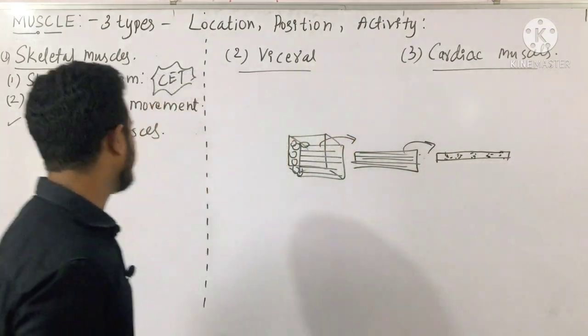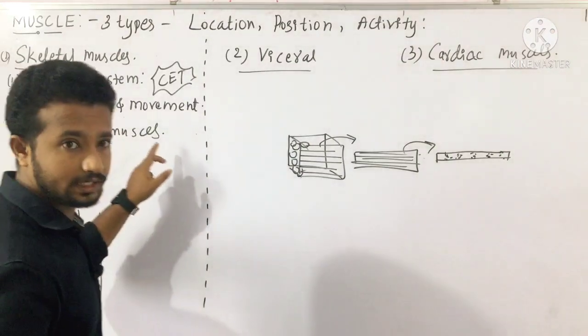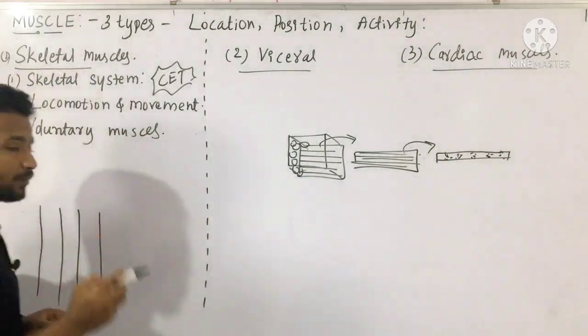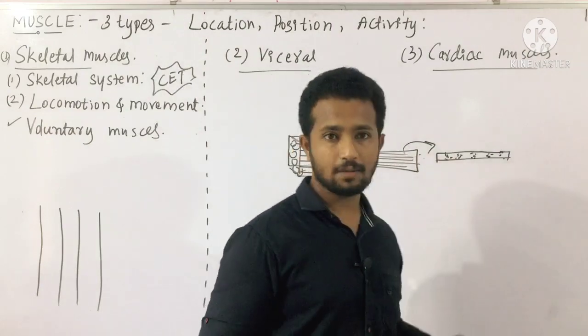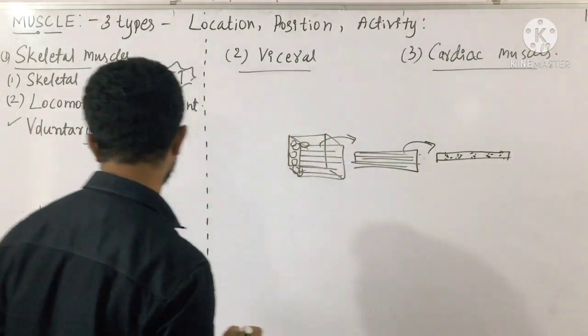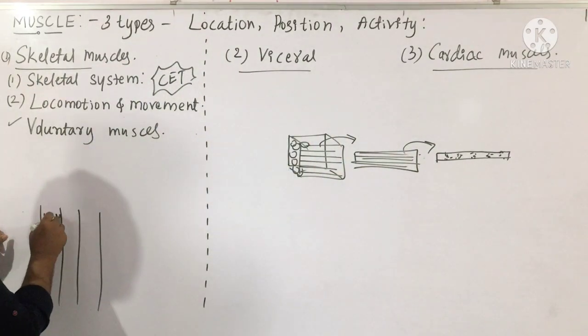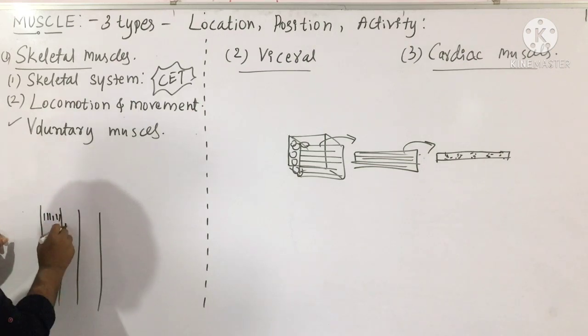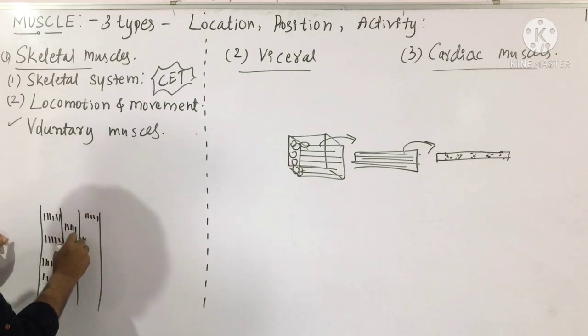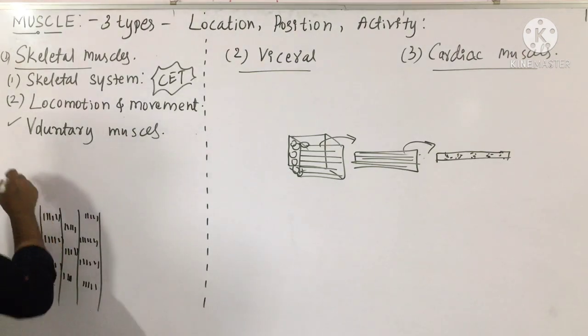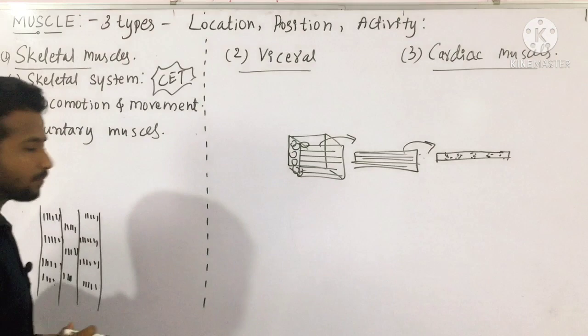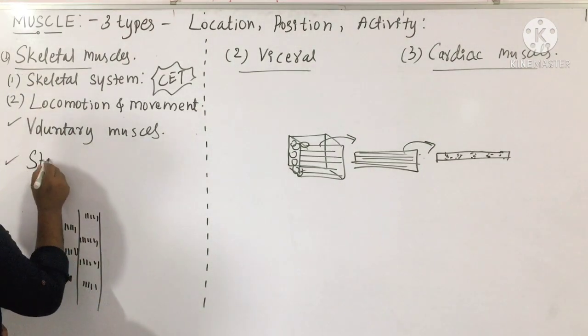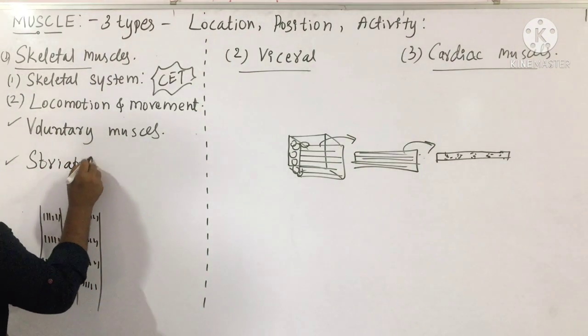Due to the presence of primary and secondary proteins, these dark and light bands are present on the muscular tissues. On the surface of these skeletal muscles, alternate patches of dark and light bands are present, and due to their presence, they are called striated muscles.